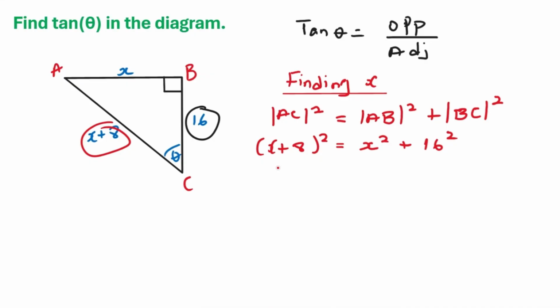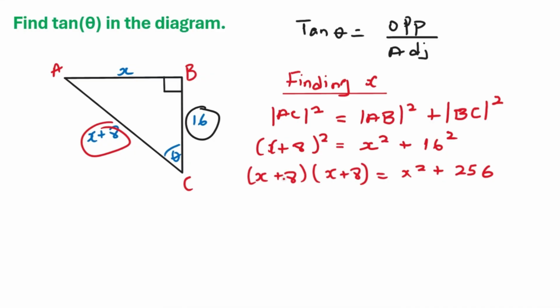We have to expand the binomial. So that's going to be X plus 8 multiplying itself equal to X squared plus 16 squared, which is going to be 256. That is 16 times 16. You have to multiply these two binomials. We just have to multiply every term in this one by everything that we have in this one.